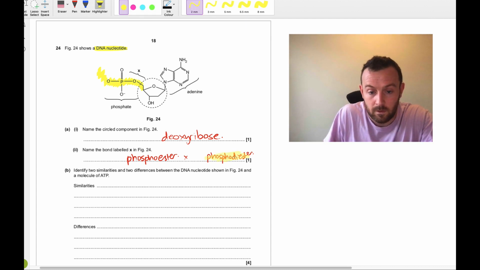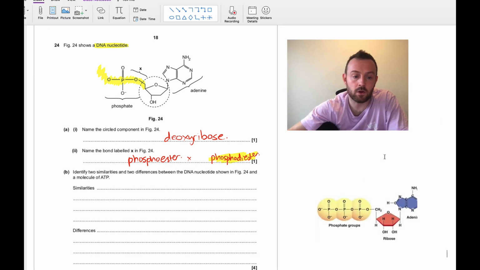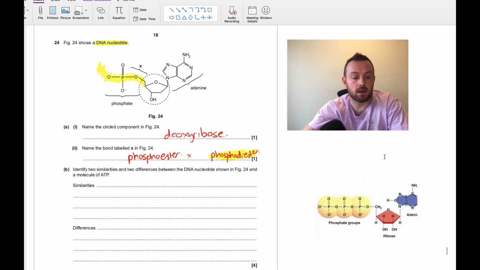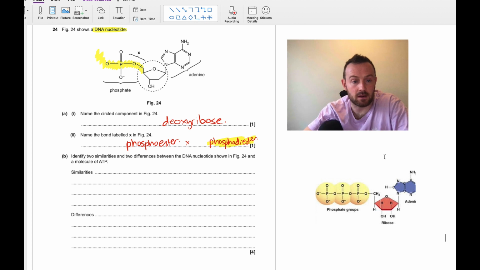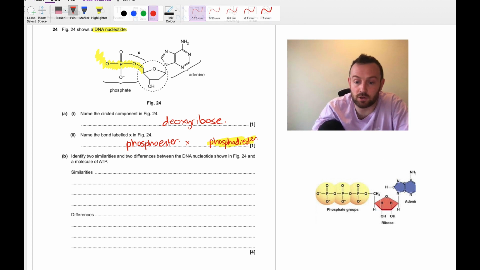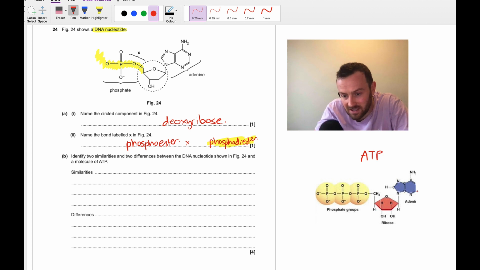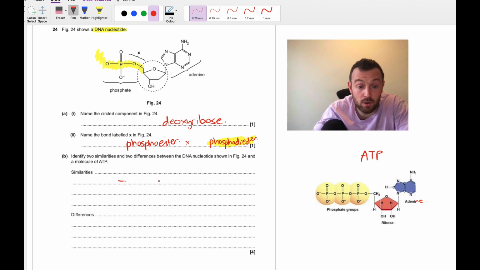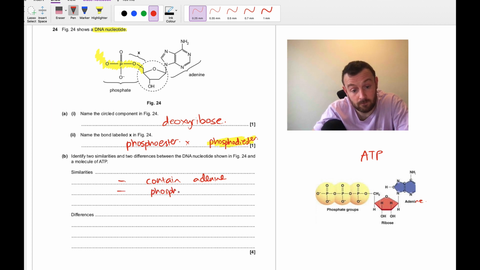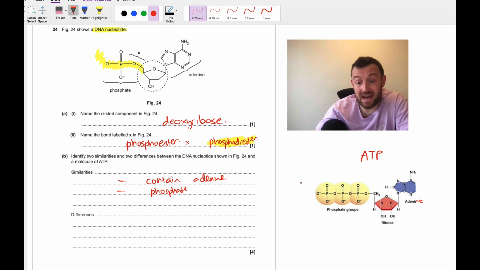Okay, so now we're on to this next bit. Similarities and differences between the DNA nucleotide and the molecule of ATP. Now I dropped in this picture of ATP here, slightly cut off, but this should be adenine here. So similarities, they both contain adenine and they both contain phosphates. You could also say they both contain a pentose sugar.